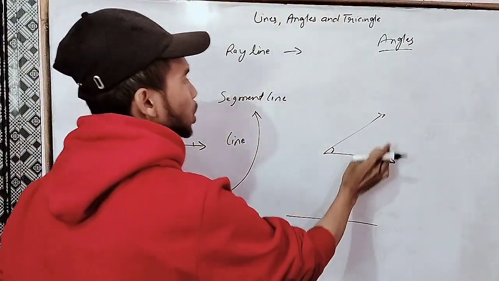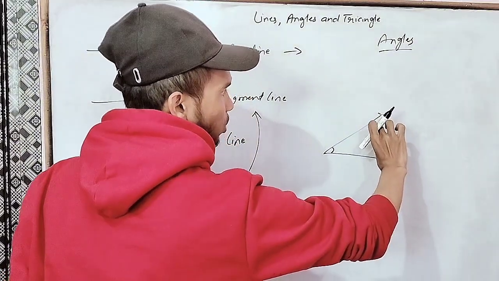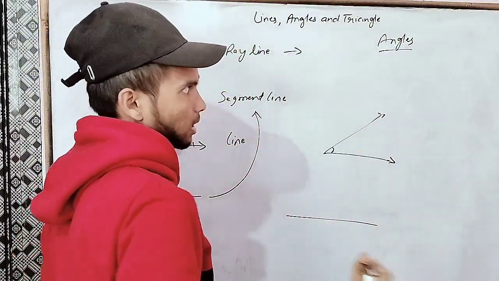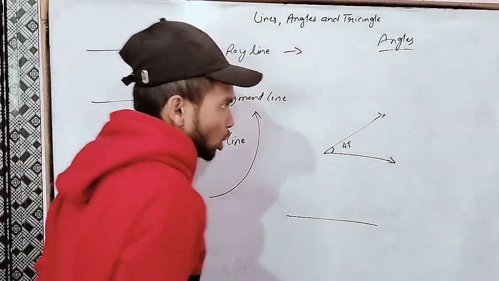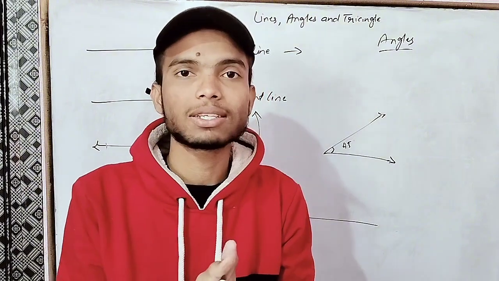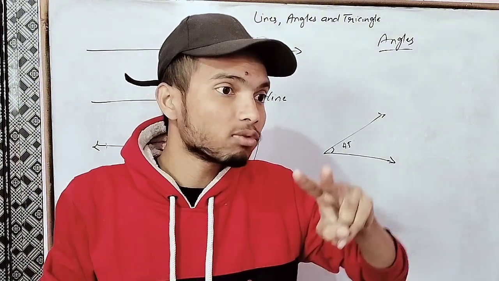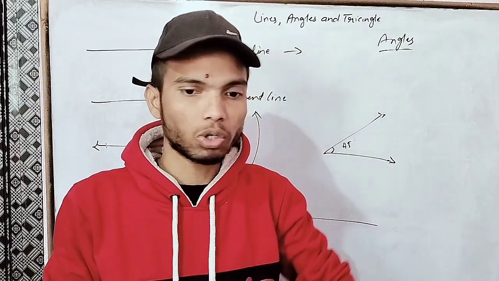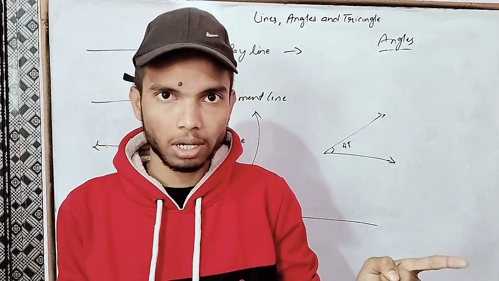So here, from here to here, what is the value of this rotation? Let's suppose this is 45. So 45 is the value of rotation. We can say 45 is the rotation from one point to another.